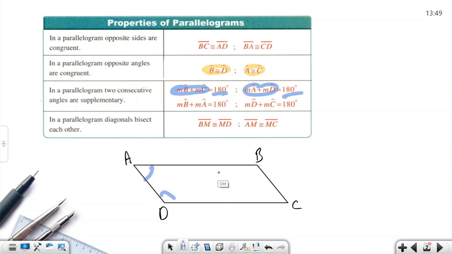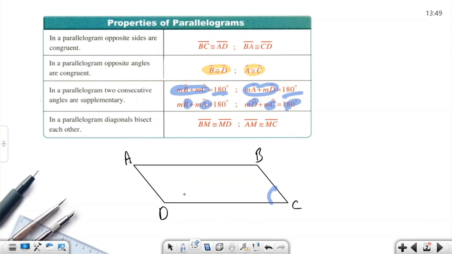B and C add up to 180. Or let's continue, B and A, when you add them, it equals 180. D and C, so these are consecutive angles. When you choose two consecutive angles and add them, it always equals 180 degrees.